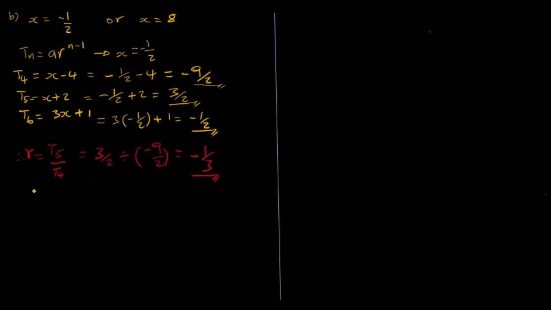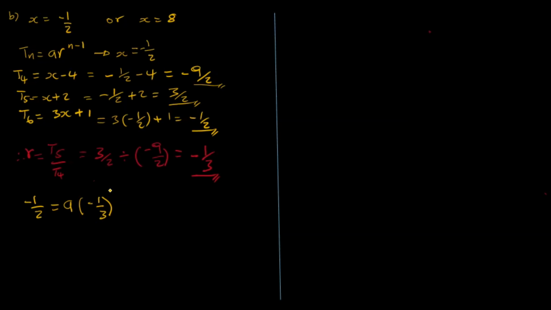So let's calculate the value of A. Let's use T6 because this value is easy to work with. For T6, which is minus 1 over 2, we do not know the value of A. We know the value of R, which is minus 1 over 3.